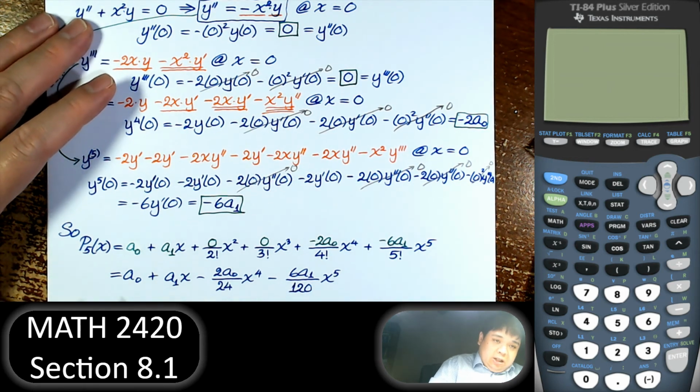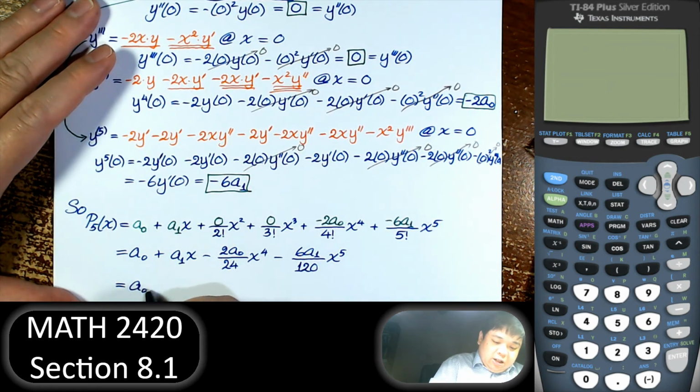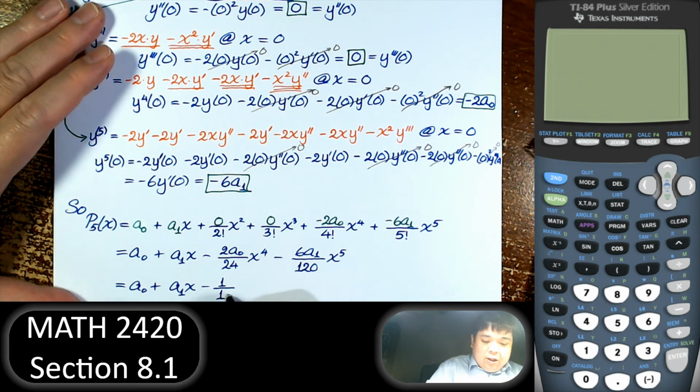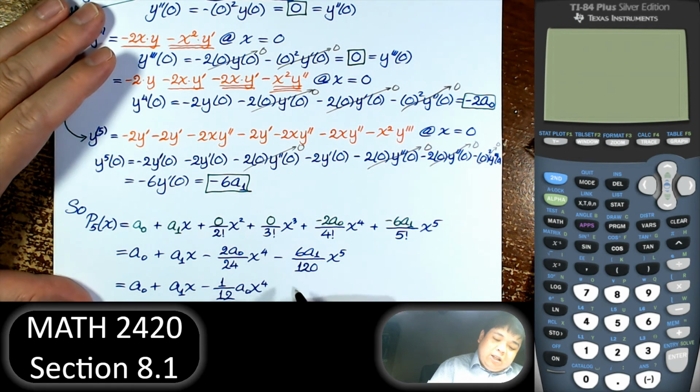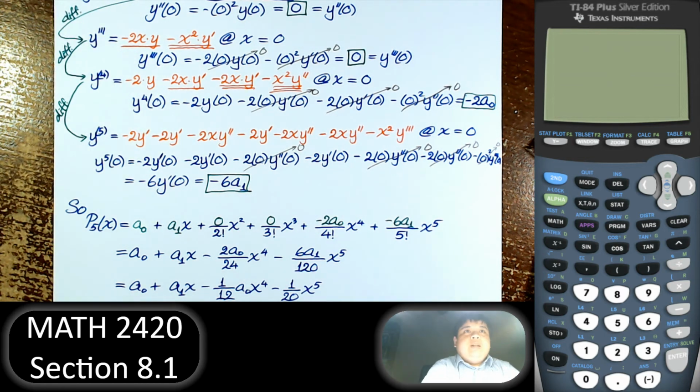And finally we can write a naught plus a1 x, 2 and 24, that's 1 over 12 a naught x to the 4th, and 6 and 120, that's minus 1 over 20 x to the 5th. Right.